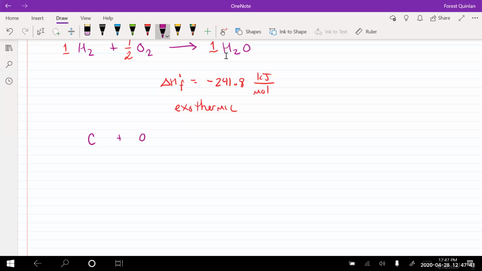Carbon plus oxygen goes to make CO2. This has a delta H naught of forming equal to negative 393.5 kilojoules per mole. So when you get carbon and oxygen together, they'll make carbon dioxide and it will give you energy. This is essentially burning coal. This is exothermic.